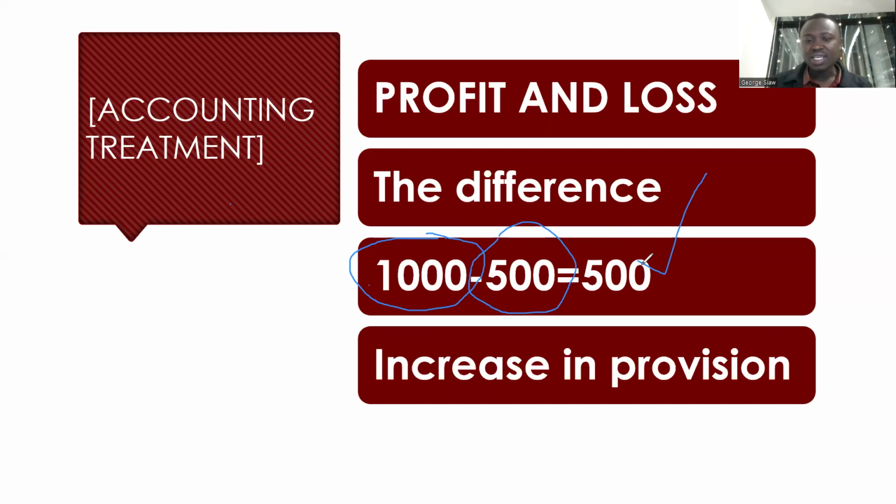So this difference is indicating an increase in provision, which has to be taken to the P&L as part of our expenses. Okay, good. All right, so let me quickly clean this one and move to our next slide. Next slide. Good.